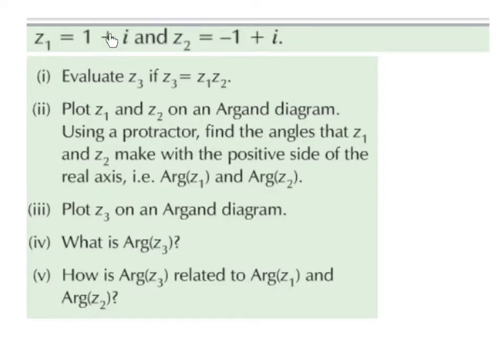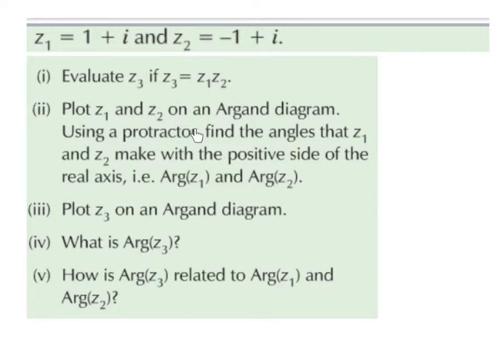z1 equals 1 plus i, and z2 equals minus 1 plus i. Part 1. Evaluate z3 if z3 equals z1 multiplied by z2. Remember, anything stuck together in maths means multiply. Part 2. Plot z1 and z2 on the Argand diagram.